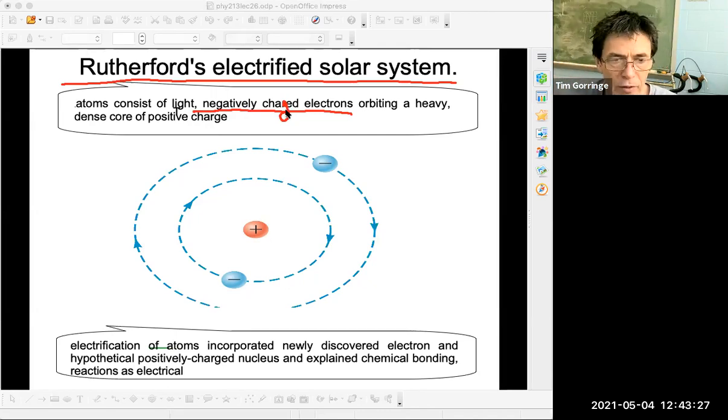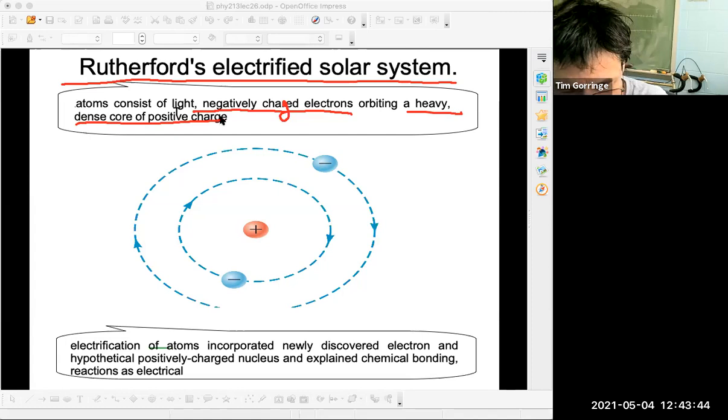That's one component. But instead of being embedded in a shroud, they're just orbiting a central core, a heavy, dense central core of positive charge. And so that's the second component of the atom.